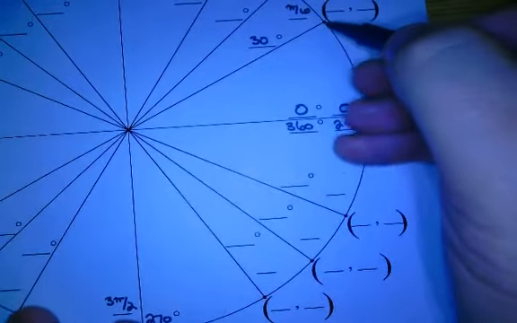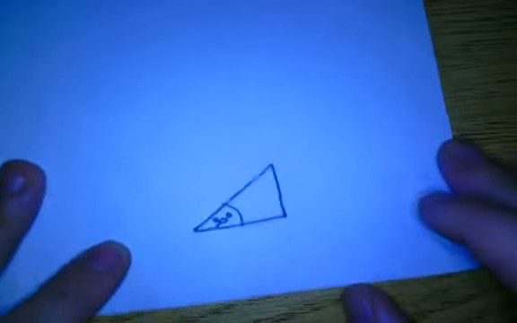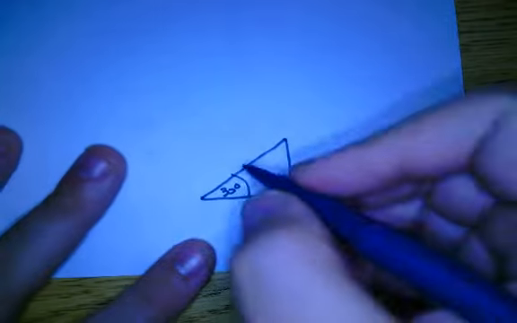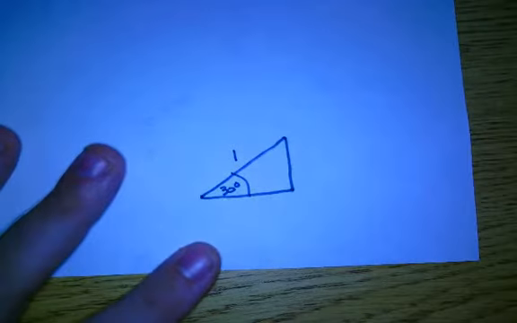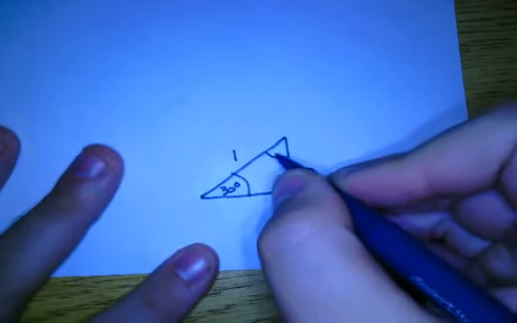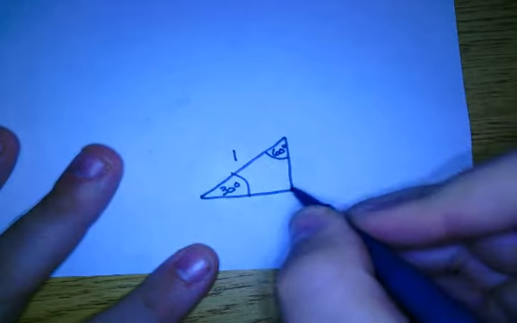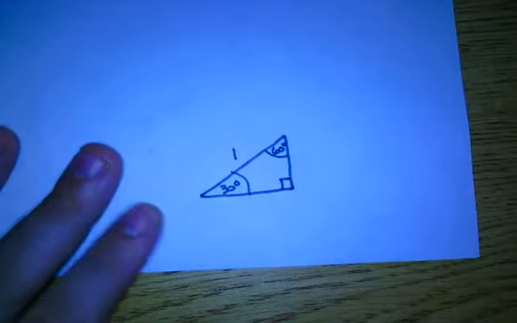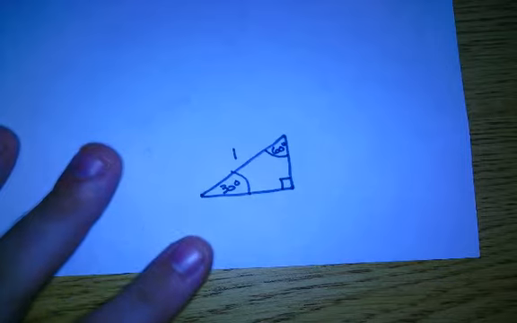So if I were to drop down a perpendicular right here, I would get the exact same triangle that I'm drawing. So this is 30 degrees, and the radius is 1. So how many degrees is this part right here? 60. Is there anything special about this triangle? Does anybody remember the ratios for 30, 60, 90?